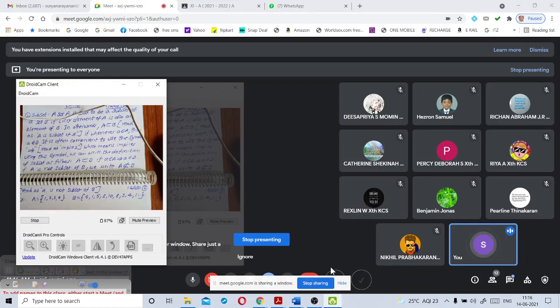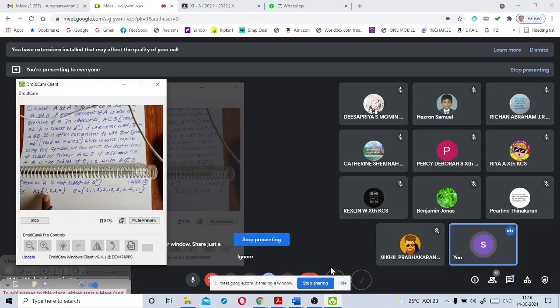observe these two sets, my dear children. A is equal to the set 1, 2, 3, 4 and B is equal to the set 6, 1, 5, 2, 10, 8, 3, 4, 1.